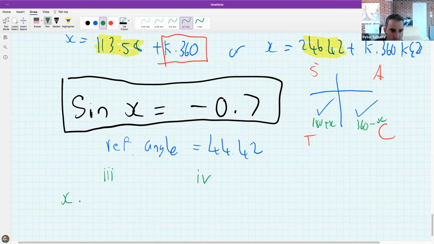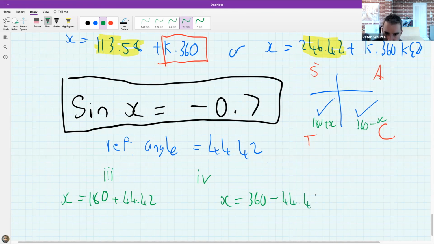So my answer here is going to be that plus that, or it's going to be 360 minus that, which is this. Mr. S, there's a question in the chat if it's okay if they round off to 44.43 instead of 42.